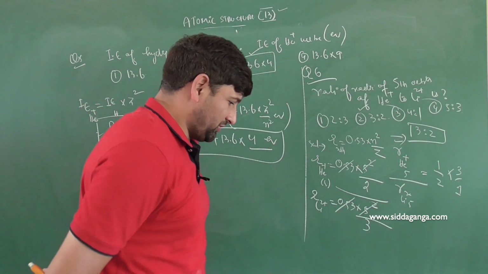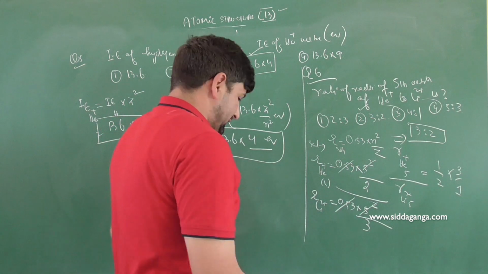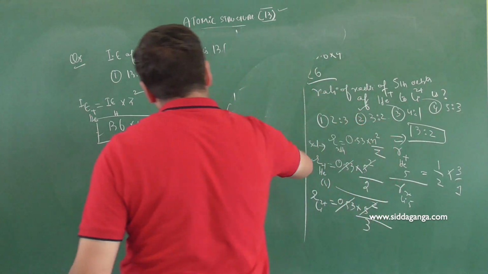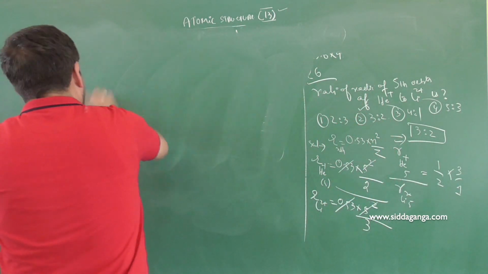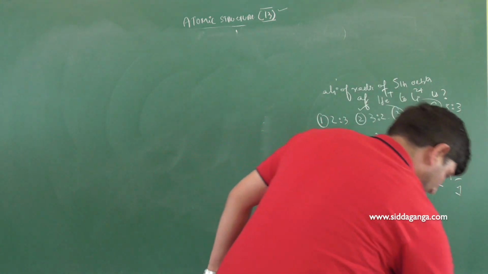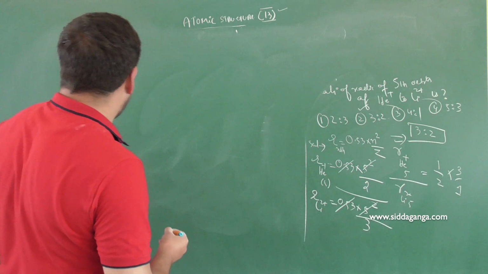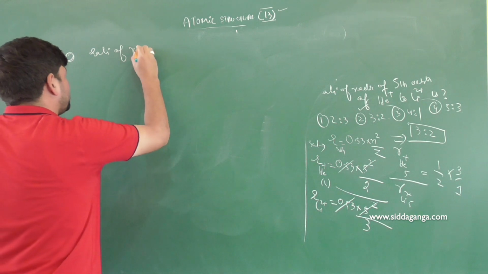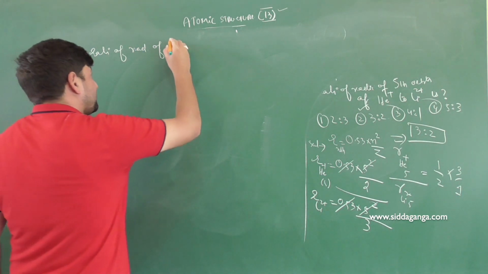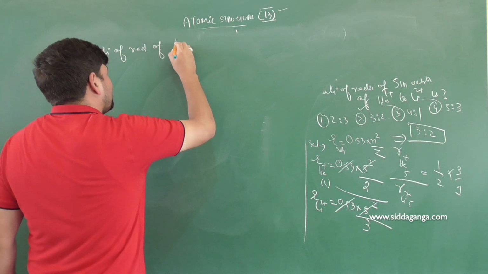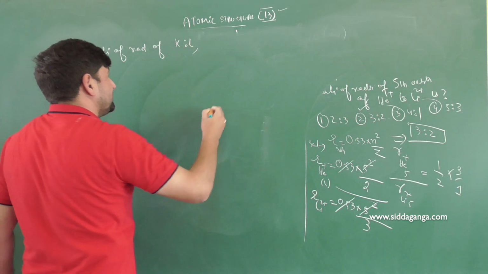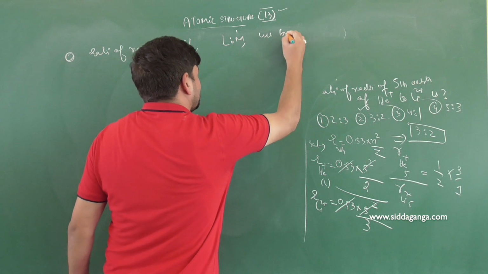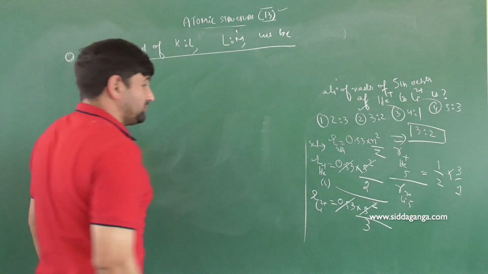One more question, children, we can solve with respect to this. Write down. If you want to change the question style a bit, what will that be? Ratio of radii of K is to L, then L is to M. Let us not give any options for this and let us solve it out.